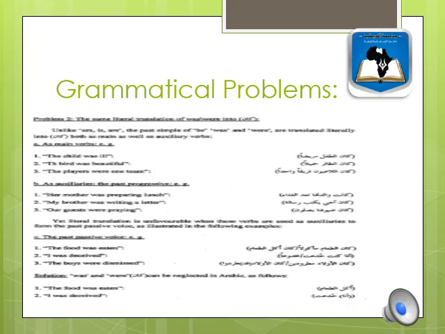Look at the slide. This is the literal translation of was, were into "كان." So unlike am, is, are, the past simple of be, was and were, are translated literally into "كان," both as main as well as auxiliary verbs, "كأفعال مساعدة وكأساسية." Was and were. "He was eating": here it came as an auxiliary to the main verb eating.